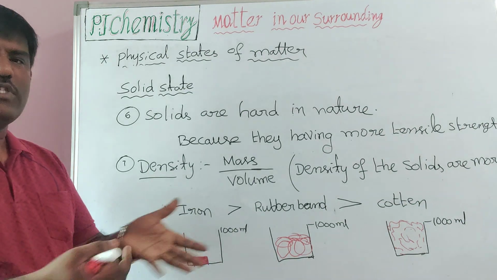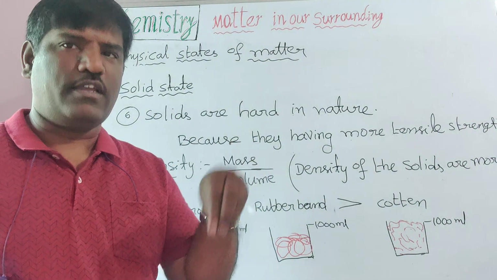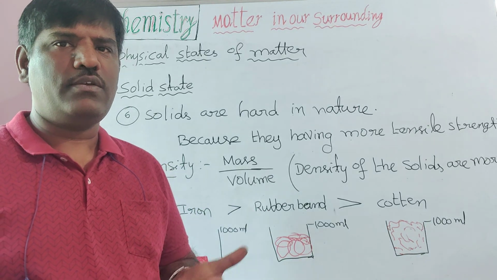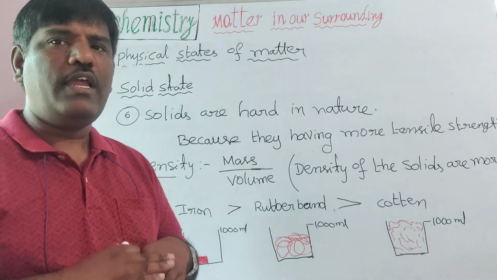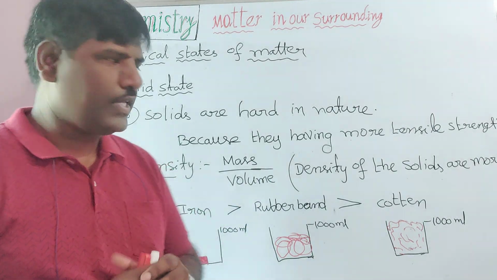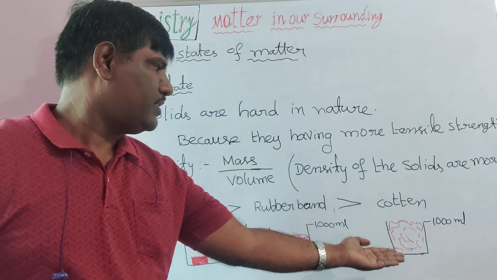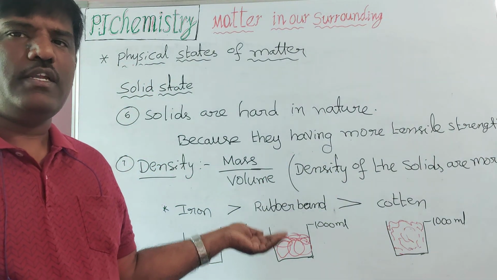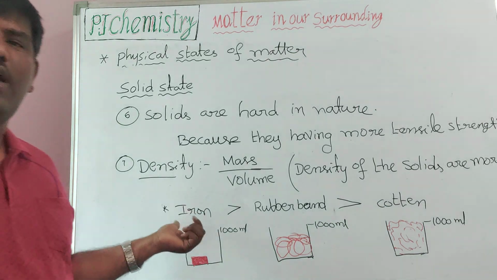So more space means air occupies the space between. When air is present in the substance, we feel it as less weight. That is why the density of cotton is less than rubber band, and the density of rubber band is lower than the solid, which is the iron piece.